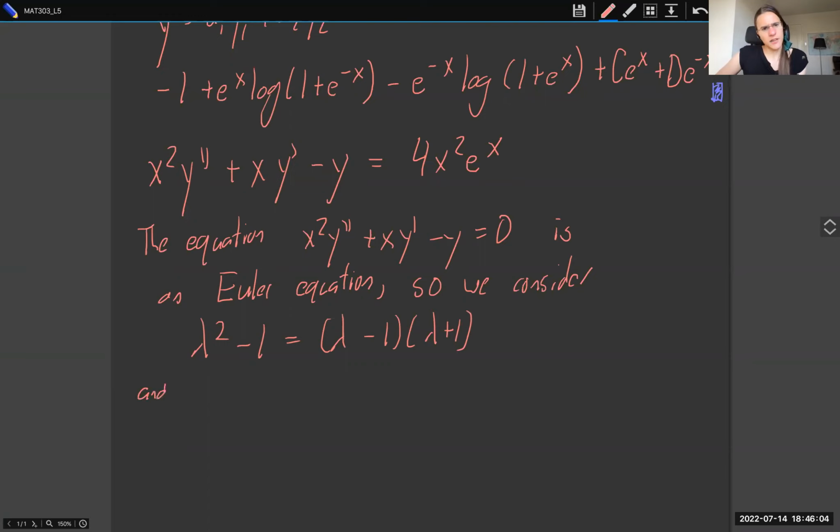And we get particular solutions. y1 is equal to what? So these are going to now be exponents on polynomials. So it's going to be x to the first power and x to the negative first power.